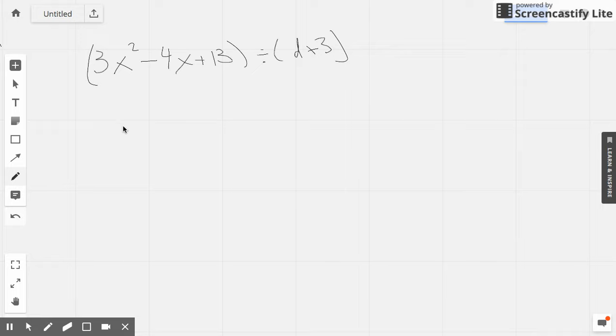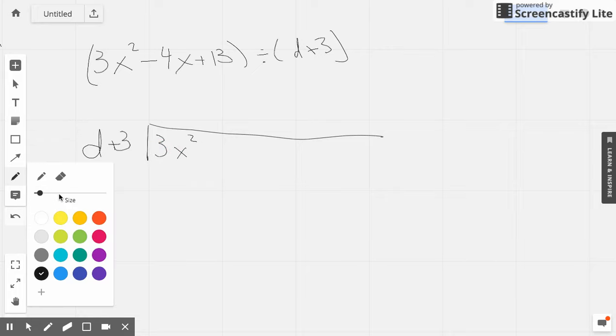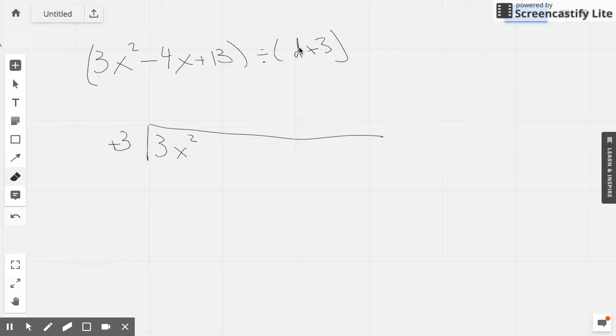So we want to set that up just like we set the other one. x plus 3 into 3x squared minus 4x plus 13. Sorry, I want to use the variable x, not d.